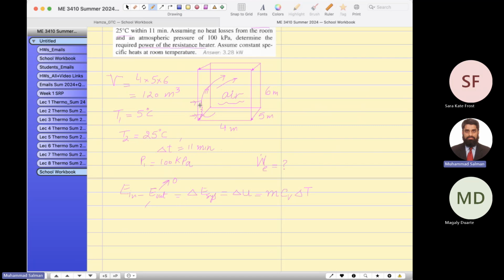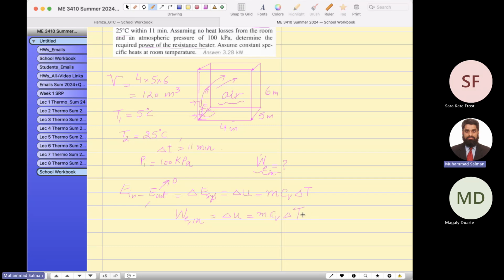But energy going in is E in by the heater. This is my boundary, so it is going in. So W electric in equals delta U, which is M Cv delta T.